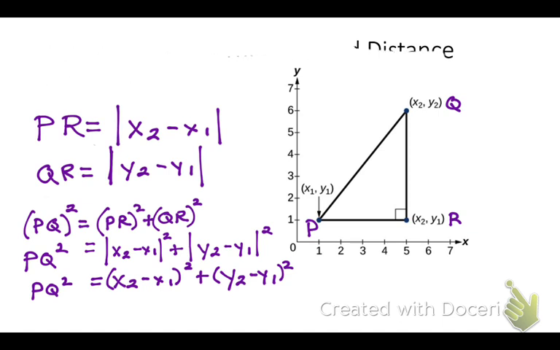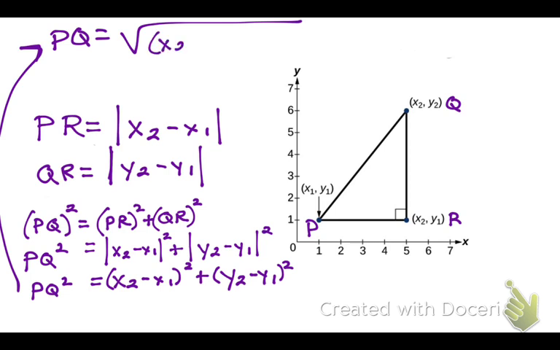And then how do we undo that square? Square root both sides, right? So now we end up with PQ is equal to the square root of x sub 2 minus x sub 1 squared plus y sub 2 minus y sub 1 squared, which do we recognize as the distance formula?